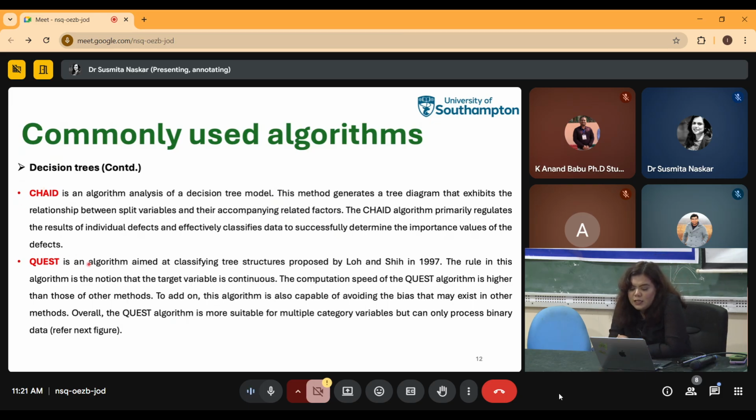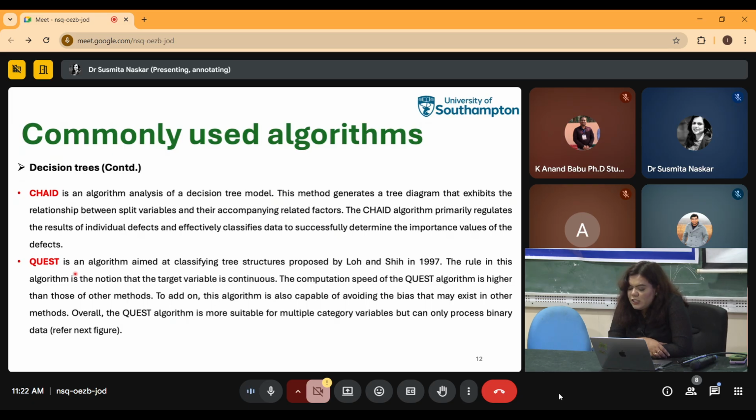Whereas QUEST is another algorithm that we generally use for very quick, unbiased and efficient analysis. If you think about the QUEST model, it is a very efficient statistical tree, designed for building classification tree structures, and it is built on the idea that the target variable is continuous. So for a continuous target variable, we generally use this one.